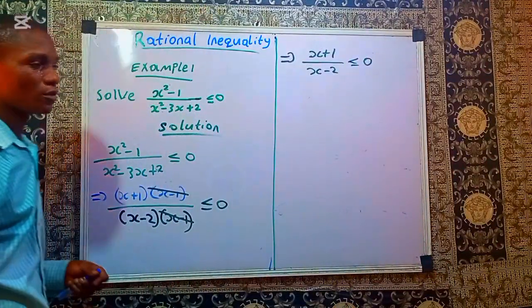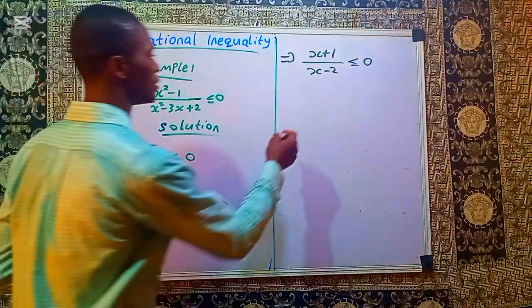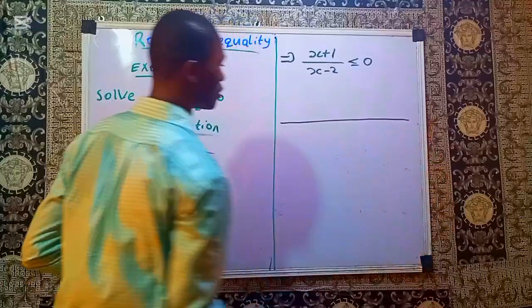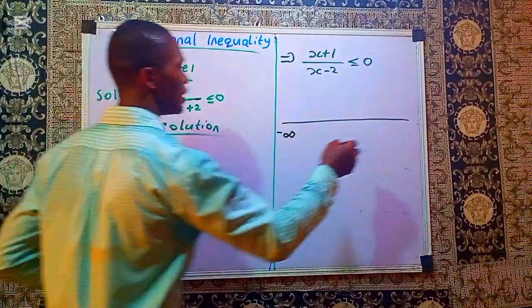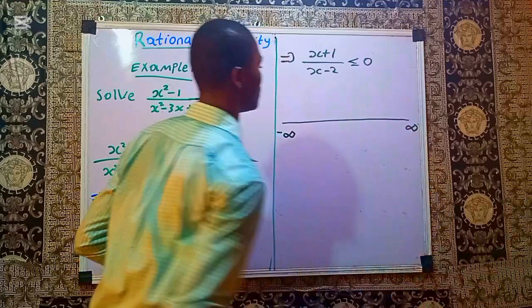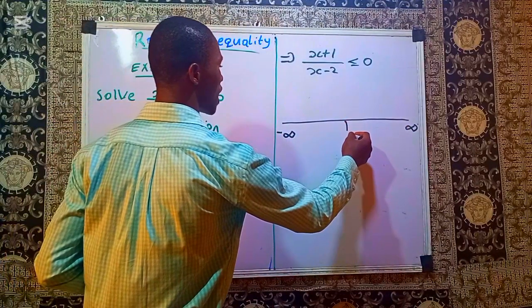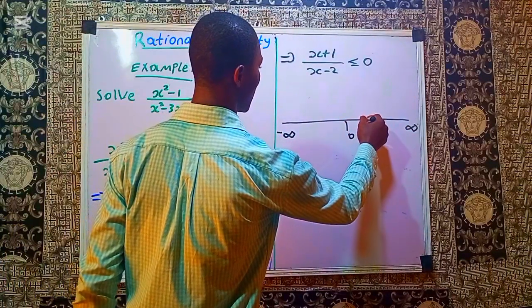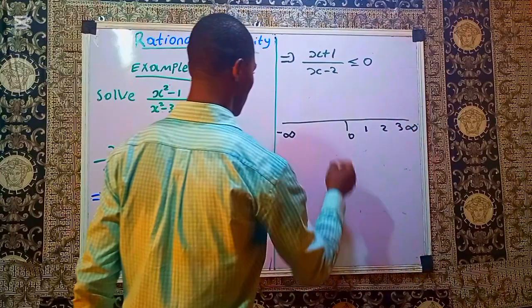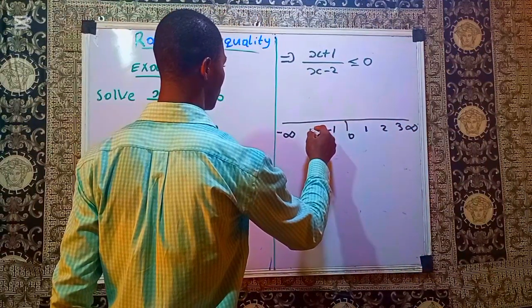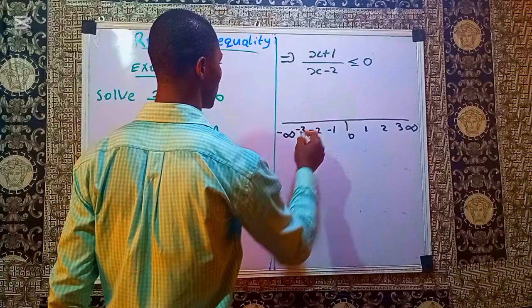To solve this, you are going to draw your number line. Here is negative infinity and here is positive infinity. At the middle you are going to have 0. Here you are going to have 1, 2, 3, and here we are going to have minus 1, minus 2, minus 3.